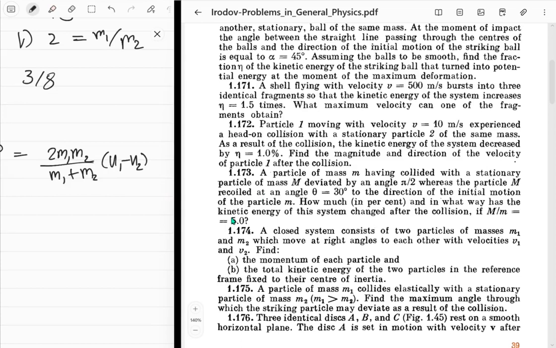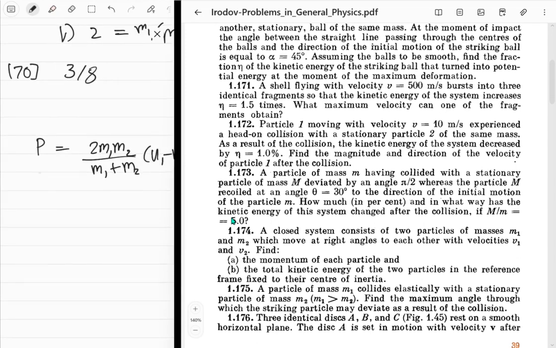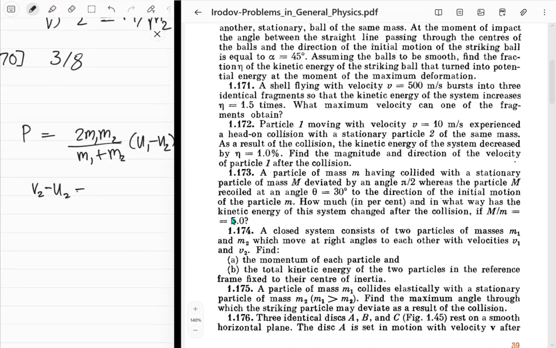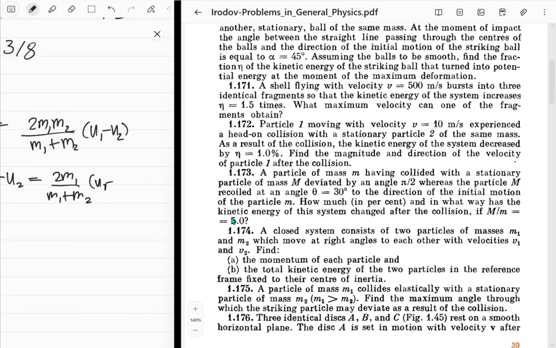Once you have this momentum figured out, you can use the fact that this is equal to m2 times (v2 minus u2), right? So v2 minus u2 is equal to 2m1 upon (m1 plus m2) times (u1 minus u2). And from here, it's easy, you can figure out the equations.